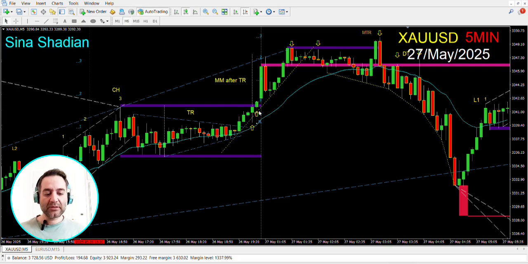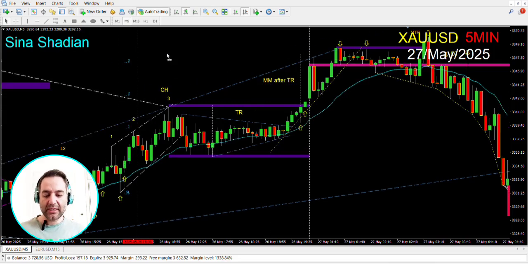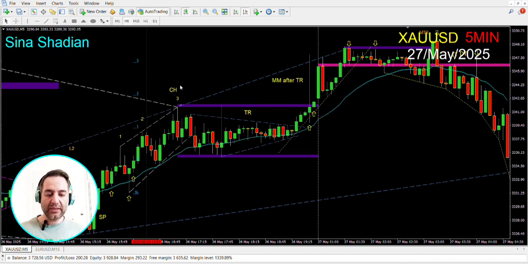Something else that I always talk about is that after a spike, channel and trading range, if the market breaks the trading range, it moves in the direction of the trading range. So if I had bought this candle and put my stop loss down here, I can look for the possible targets, which is the best target here. Why?